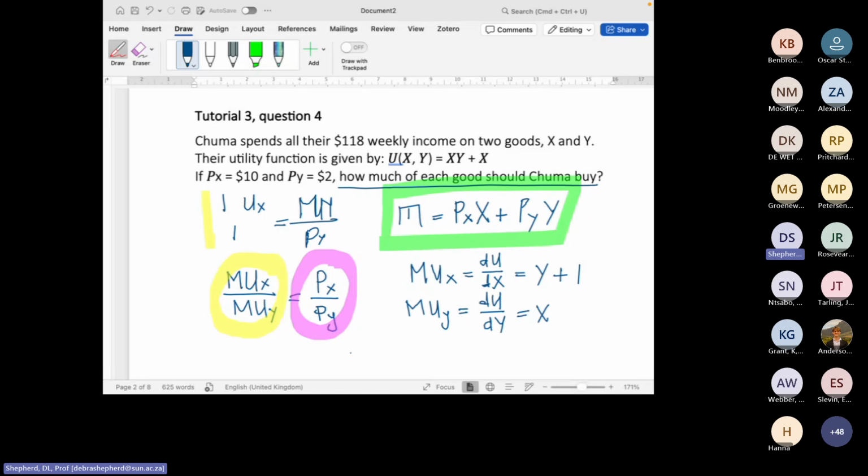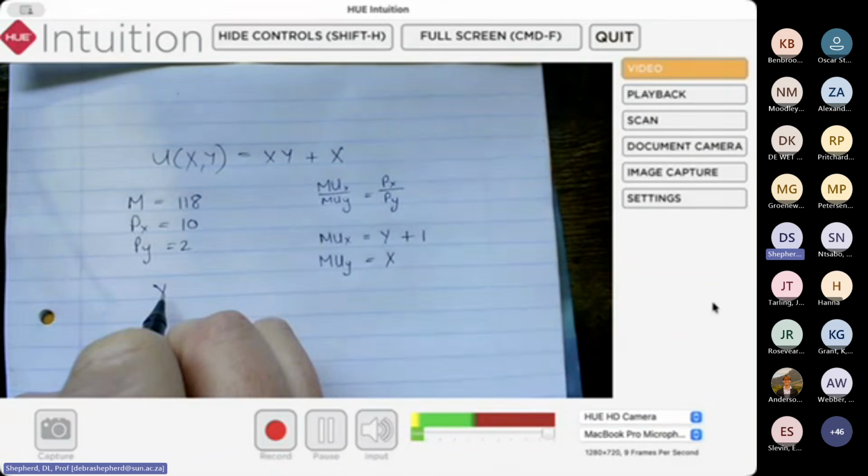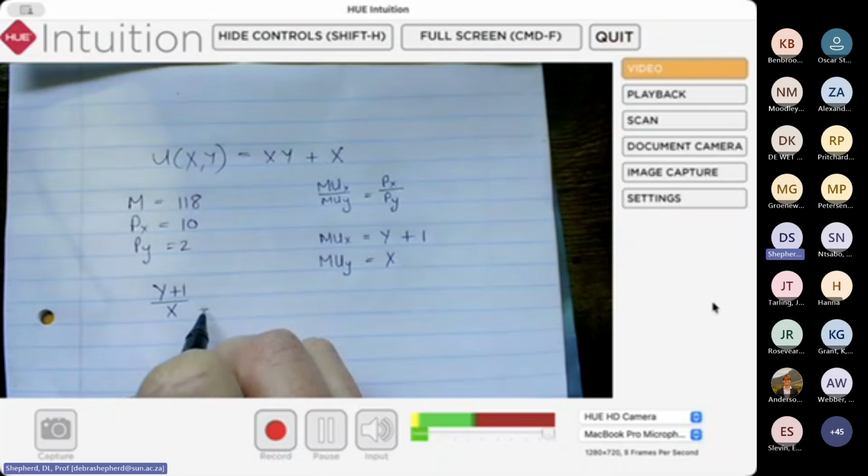I've got the marginal utility of X is given by Y plus 1, and the marginal utility of Y is given by X. So what we can now say is that Y plus 1 over X is equal to 10 over 2.